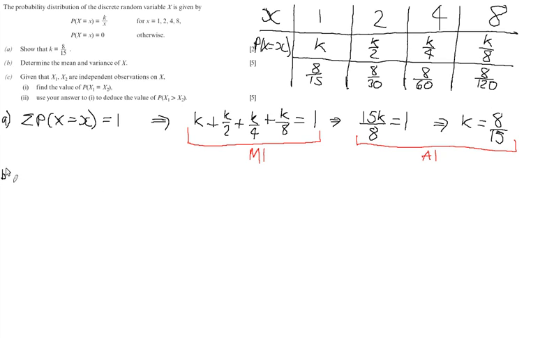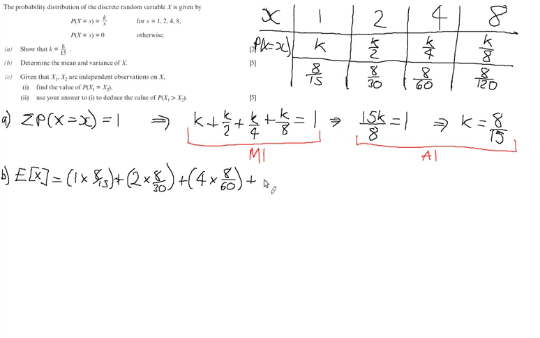Okay, so part B, expectation of X. Expectation of X is calculated by multiplying the x value by the probability, so I'm going to get 1 times 8 over 15, plus, remember we're summing these up, 2 times 8 over 30, plus 4 times 8 over 60, plus 8 times 8 over, not 60, apologies, 120.